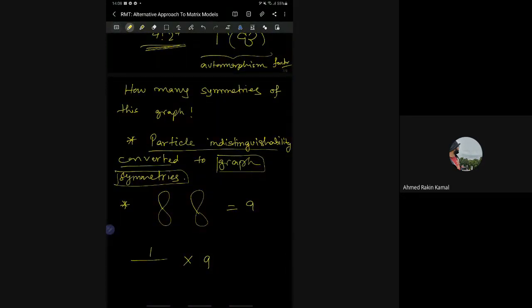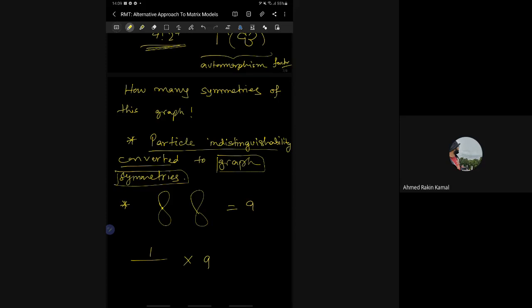What number do we multiply here? There are indistinguishable particles inside each vertex. You have 2 vertices. You might be confused regarding all the combinatorics at play. Just think of it: you have a vertex, and you have 4 particles here, and you can't distinguish them.